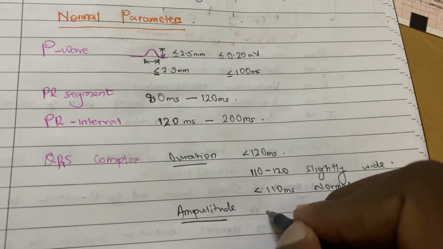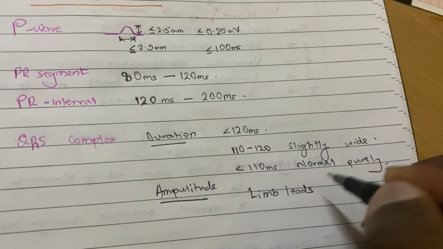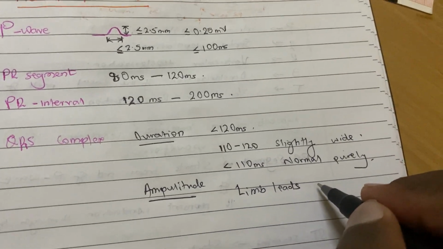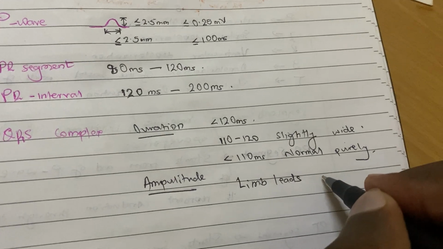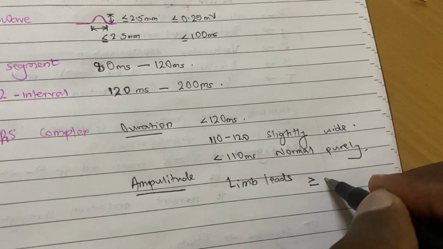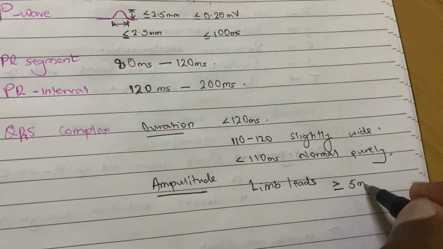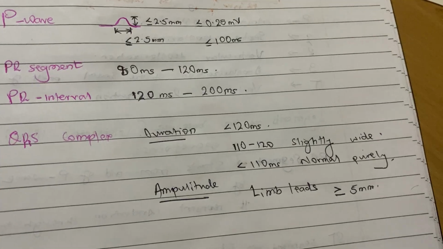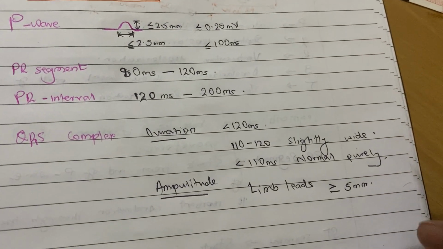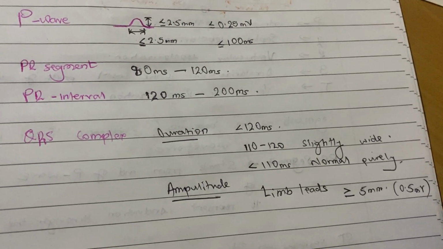So amplitude, it depends. In limb leads, it should be more than or equal to 5 millimeters, that is 0.5 millivolts.